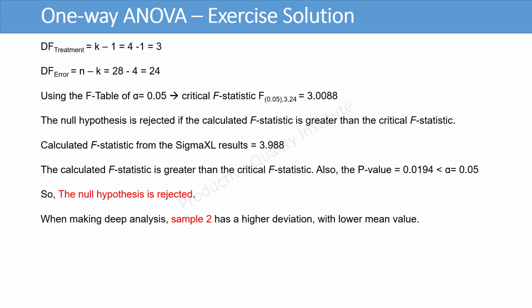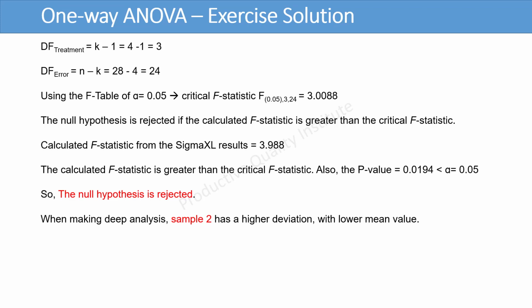The null hypothesis is rejected if the calculated F statistic is greater than the critical F statistic. The calculated F statistic from the SigmaXL results is 3.988. The calculated F statistic is greater than the critical F statistic.